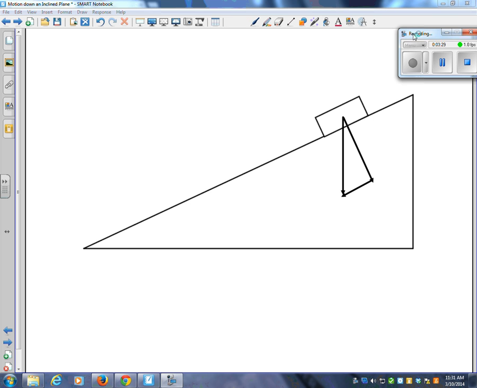Now this angle down here, this theta, do you see that it's equal to that angle? Does that make intuitive sense to you? If this thing were flat, this angle would be 0, and then this angle would be 0 too.